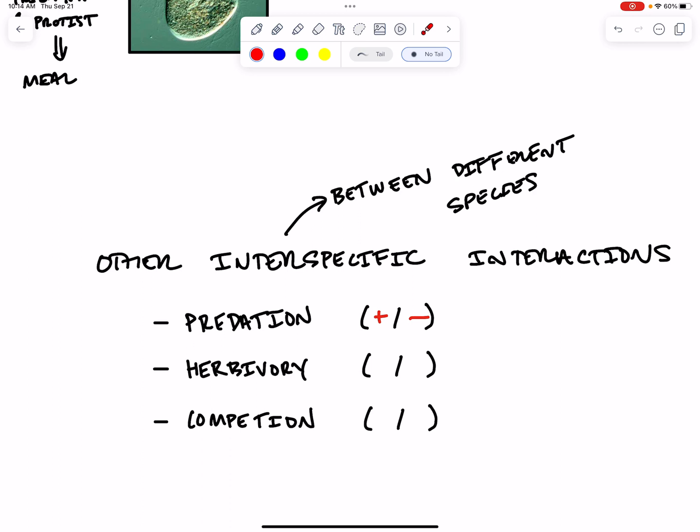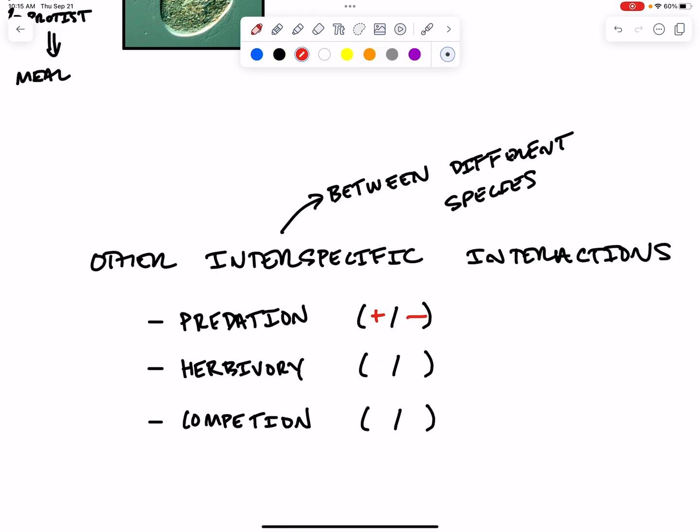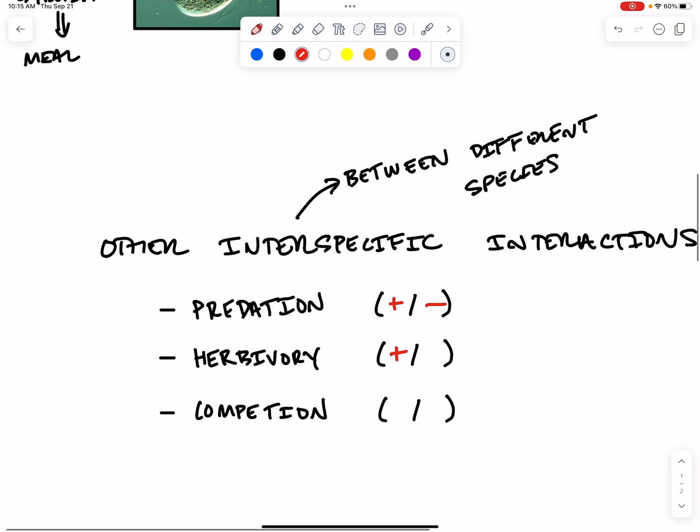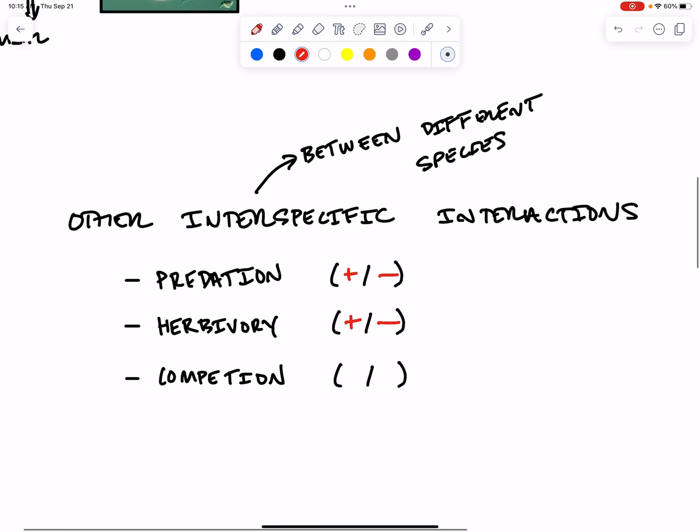Herbivory is maybe kind of like predation, but with things that are eating producers. An example of herbivory would be a cow eating the grass. It is good for the cow, not as good for the grass. And then competition is when you have two different species competing for limited resources.